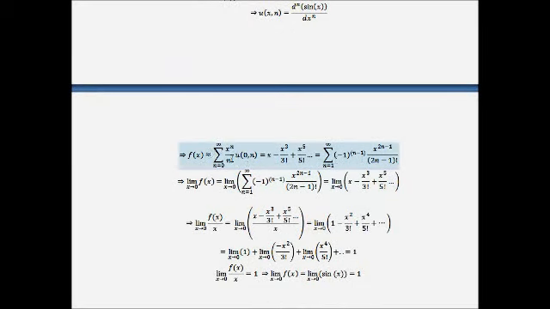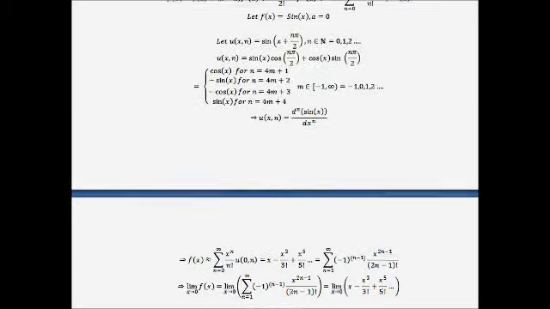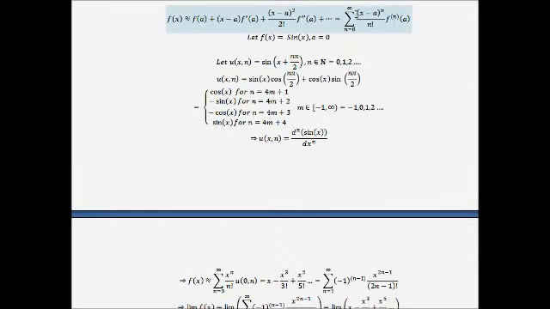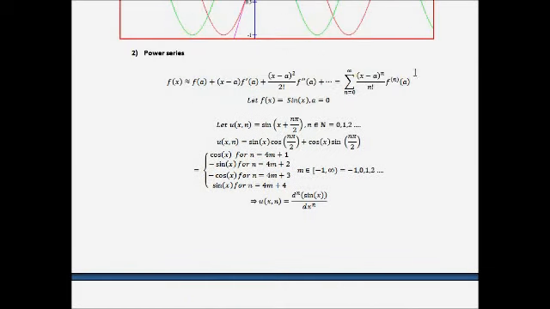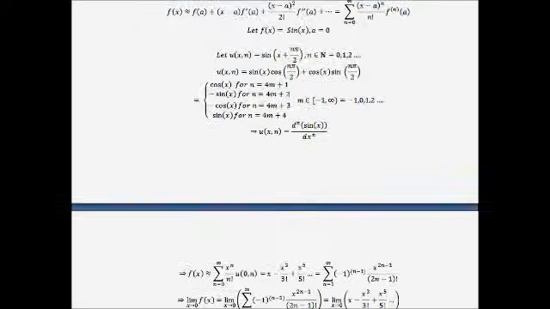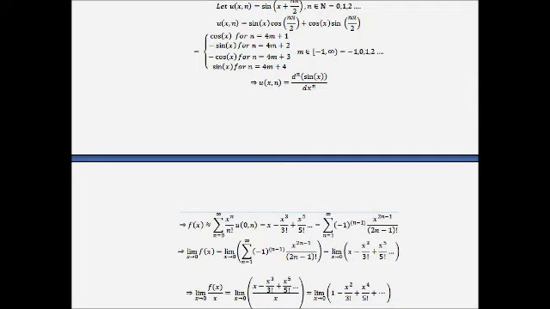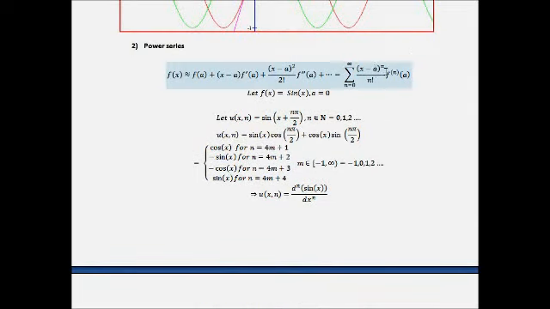All I've done here is substitute these results into the original expansion. I've put this Taylor expansion in terms of an infinite sum, which is just an easy way to represent it. I've let a equal 0, so you can see I've just got x to the m because a is 0.